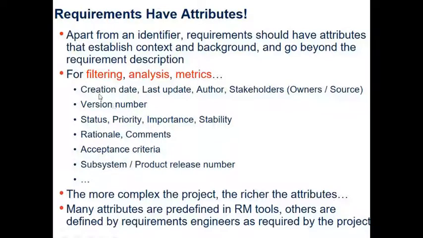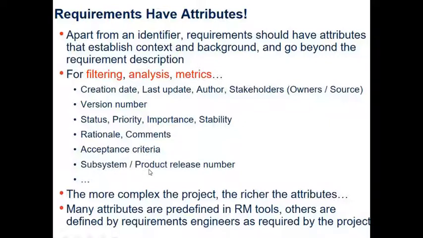So attributes could be things like creation date of that requirement, last update of the requirement, author of that requirement, stakeholders of those requirements, the owners and sources of those requirements. You would have version number, you would have status, priority, importance, and stability. You would have a rationale and comments for the requirement. You would have some acceptance criteria for the requirement.